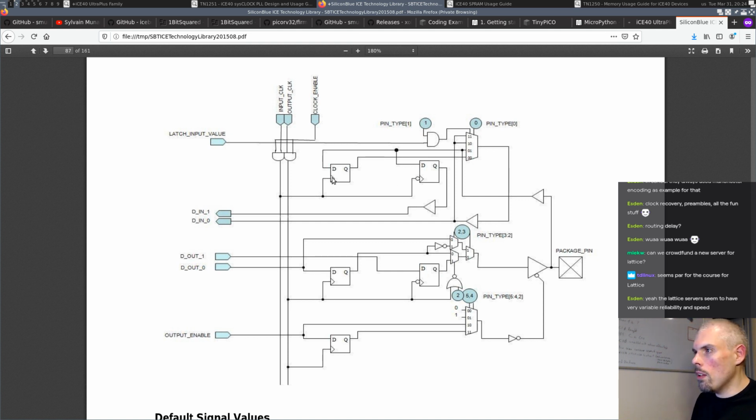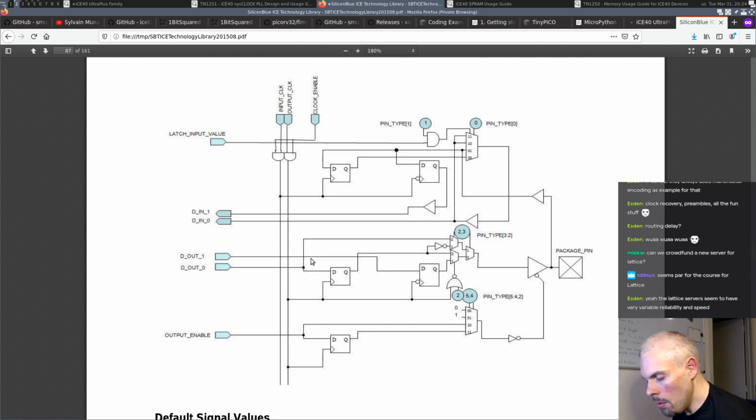And so we're gonna focus on using those because the delays from those flip-flops to the pads and from the pads to those flip-flops is constant. It's not gonna vary. Basically, it's fixed just by the architecture of the iCE40 itself.